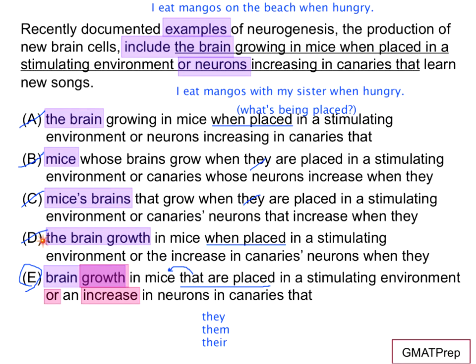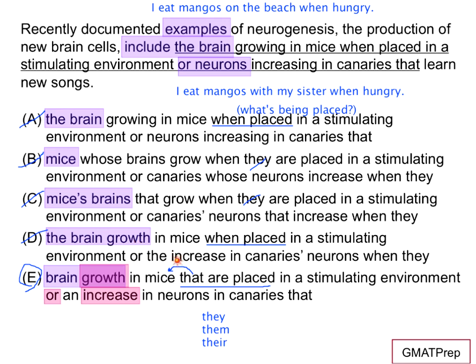this is really nitpicky. I wouldn't necessarily use this in a test, especially if you're a non-native speaker. This might be tough. When you say the versus a, you are referring to one specific thing, like the cat, that cat right there, the one that I was just talking about, versus a cat, any cat in general.